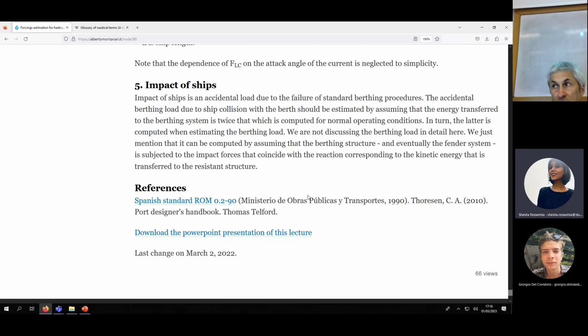Just take into account that the energy transferred from the ship to the berth depends again on the square of the velocity of the ship. So it is extremely relevant to respect the speed limits in maneuvering.